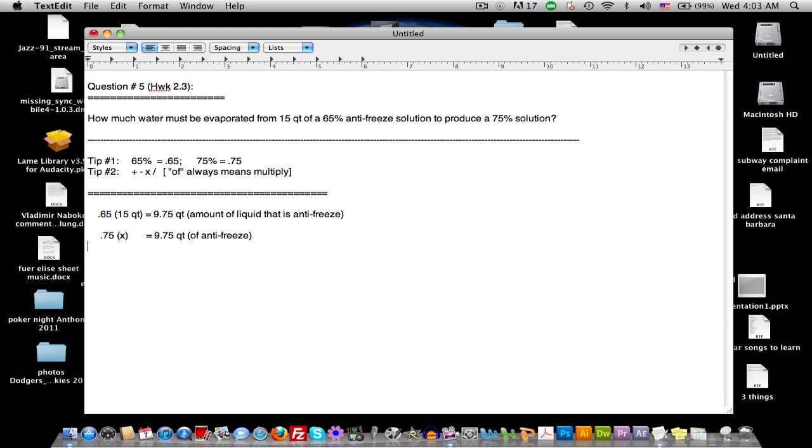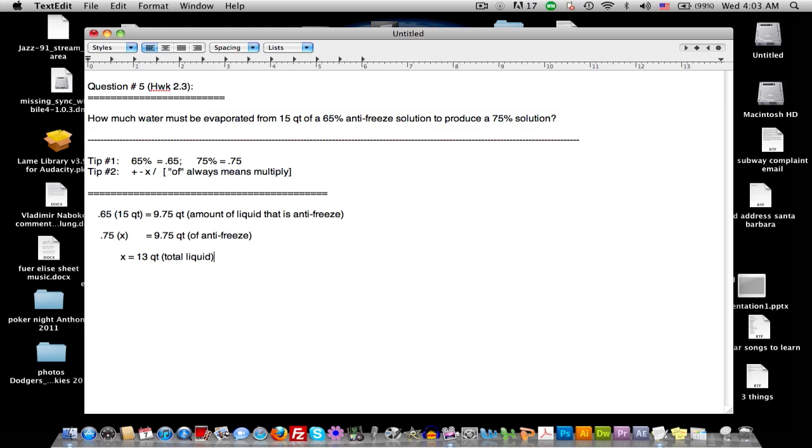Now, if we simply divide both sides by 0.75, what we end up with is X is equal to 13.